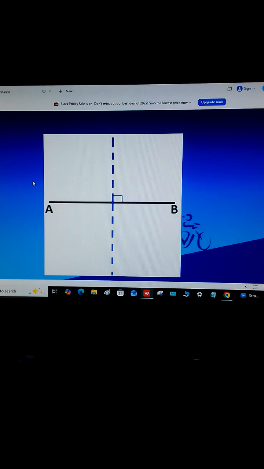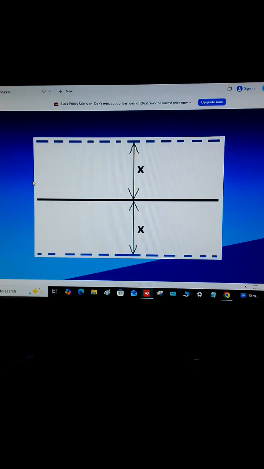Now, the third case is where we have the locus of points that are equidistant from a fixed line. So we have this as the fixed line, and the locus of points that are equidistant from this fixed line is a pair of parallel lines.